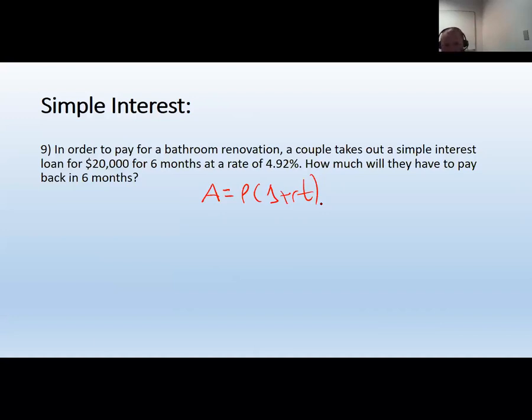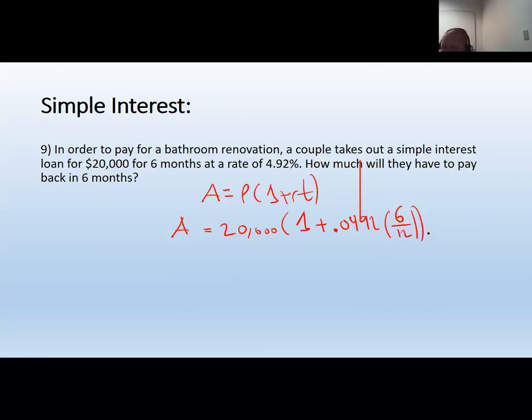All right, so basically, the couple is taking out a loan of $20,000. That's actually going to be the present value P. So you have 20,000. Your A is how much is going to be paid back in the future. And this is going to be parentheses 1 plus R, which is 0.0492. And then it's in 6 months, which is 6 months out of 12 months in the year.